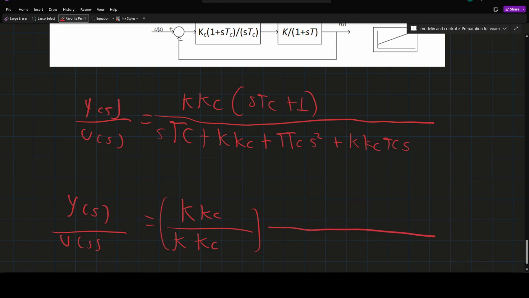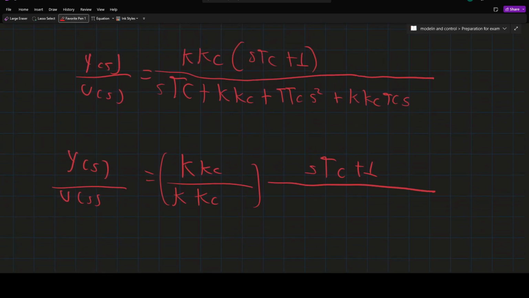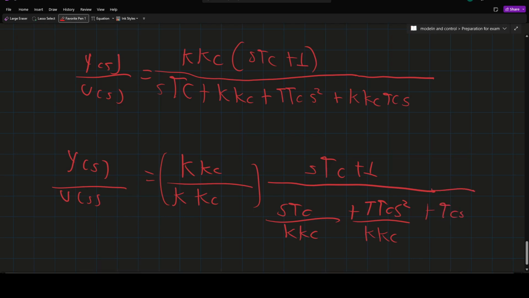On top we are going to have τ_I s plus 1, and in the bottom we are gonna have τ_I τ s^2 over K Kc plus τ_I s plus 1.